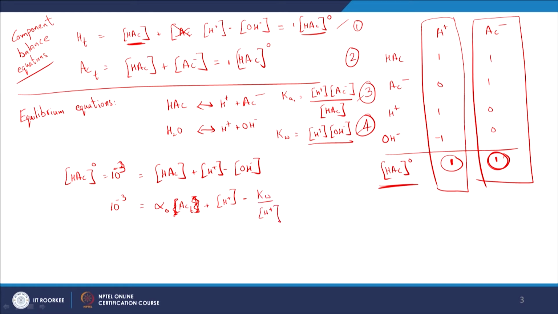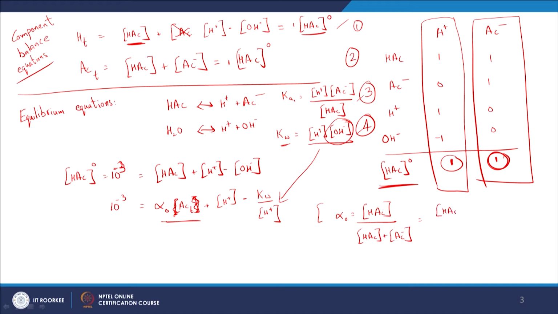So let us see where we got this particular term from. OH minus concentration is equal to Kw by H plus, and let us see how we end up with it here. We know that alpha naught is equal to the concentration of HAC divided by the concentration of HAC plus the concentration of AC minus, and what is that equal to?